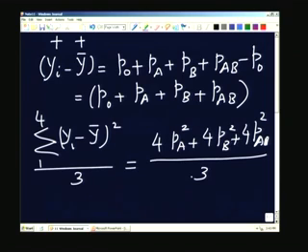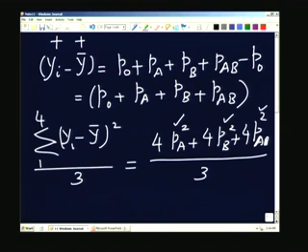So, the variance of the sample, or sigma y squared, has contributions of 4 by 3 PA squared, 4 by 3 PB squared and 4 by 3 PAB squared. Therefore, the coefficients give an idea as to what is its role in the outcome of the experiment.